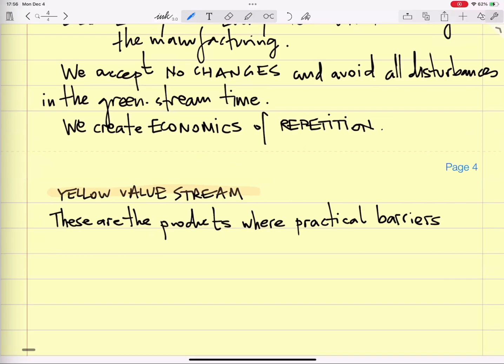of implementing EPI, so a repetition of production, are mostly found.